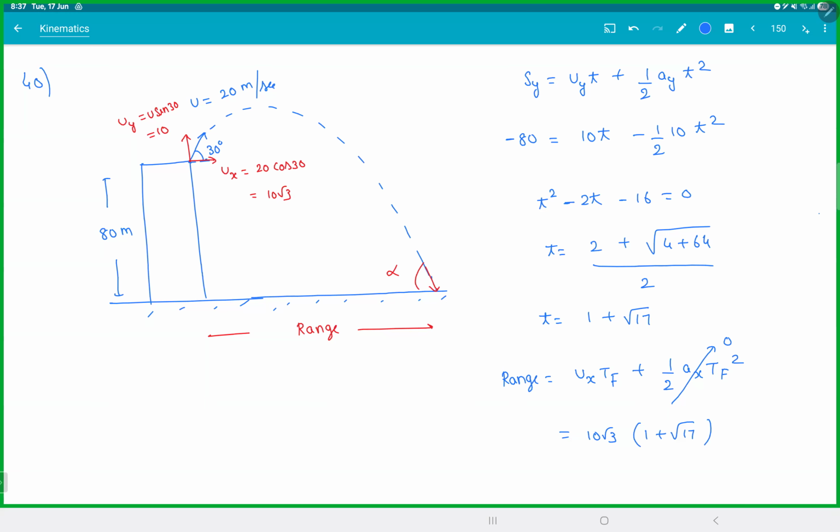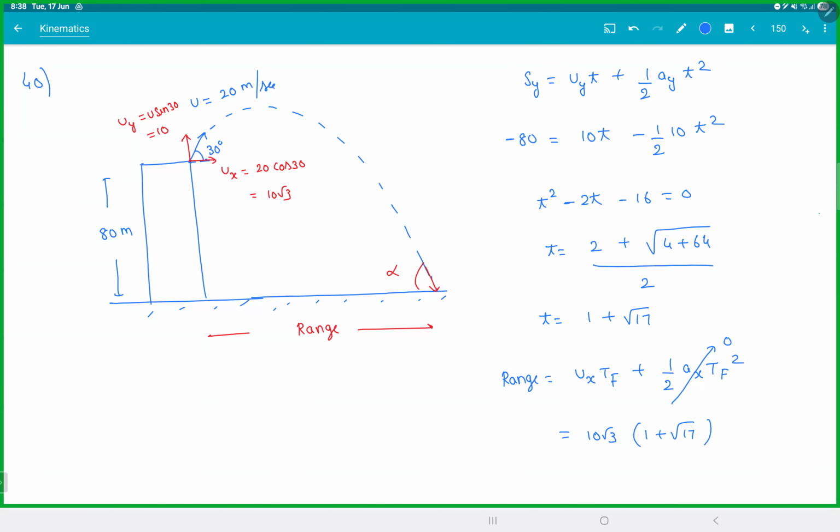There are a few ways to do it. One thing, you can use the tan alpha formula. That I don't like. There's a better formula. Think of it. How many formulas do you have in terms of alpha? You have two formulas. Tan alpha is u sine theta minus gt by u cos theta.